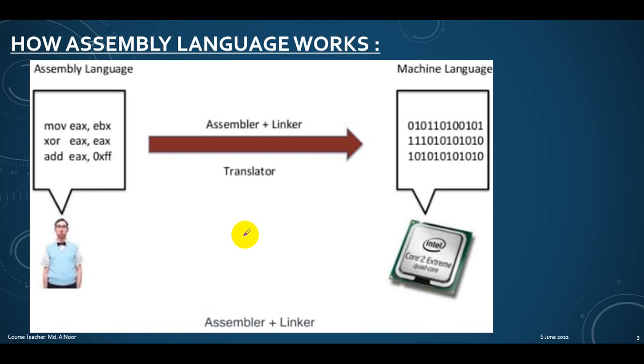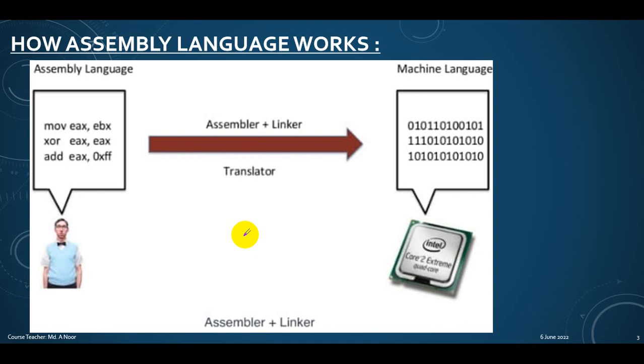A similar process is used in assembly language. We don't write the entire program as a single file. If it is a small program, we can, but in most cases we follow the common procedure: we divide the problem into smaller parts and write them separately.